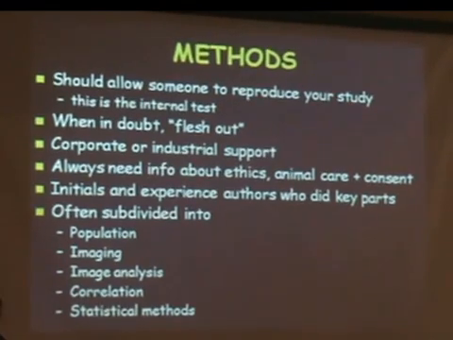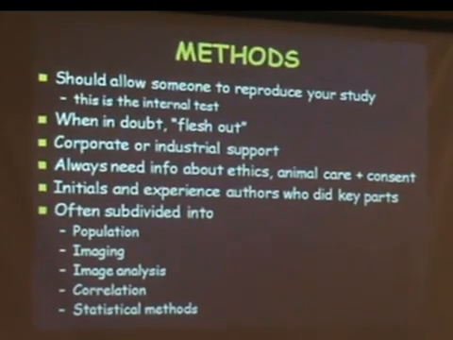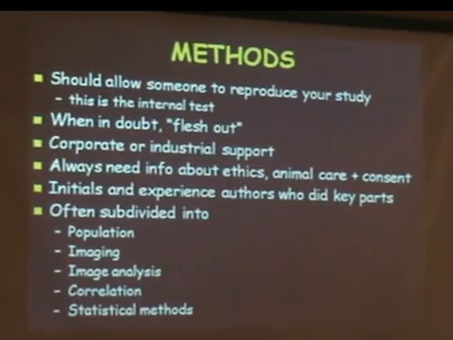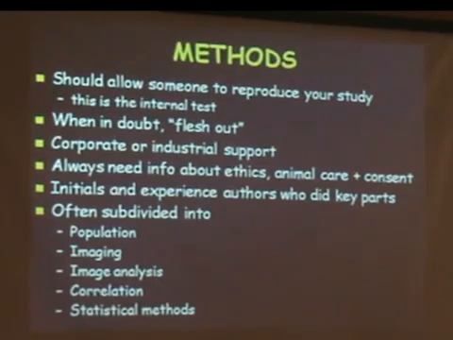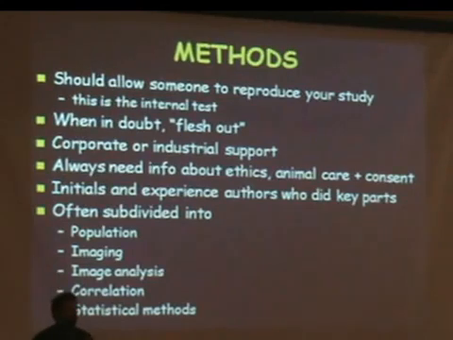The second part of your methods is imaging. The type of equipment, the type of software, the type of sequence. That's imaging. Basic nuts and bolts. When it's all numbers, like imaging techniques, put it in a chart or a table and just synopsize it in your text.